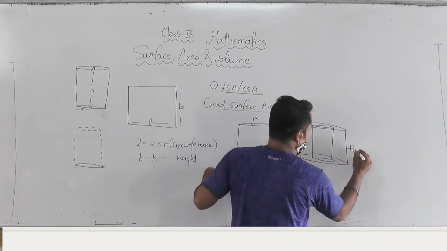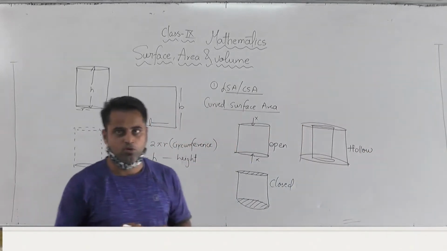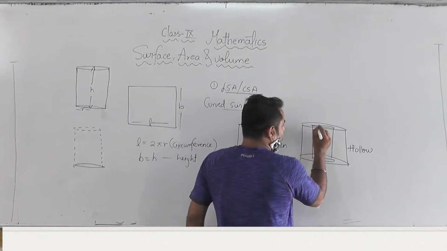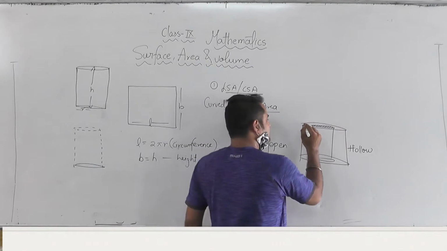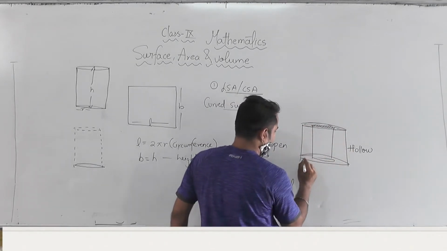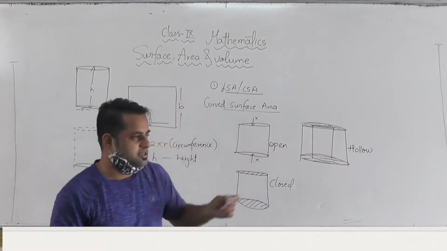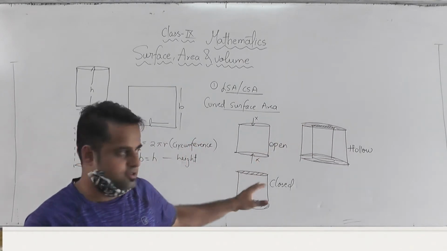So there are three types of cylinder: open, closed and hollow. In a hollow cylinder, it is open from the inner part and there is the outer surface part.